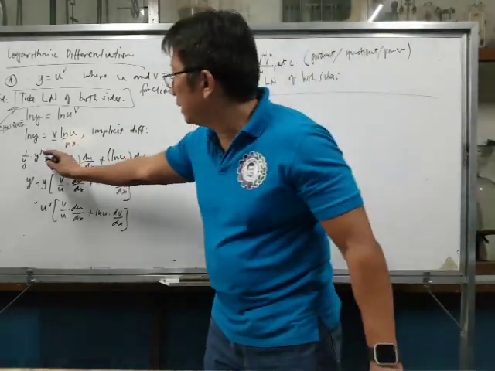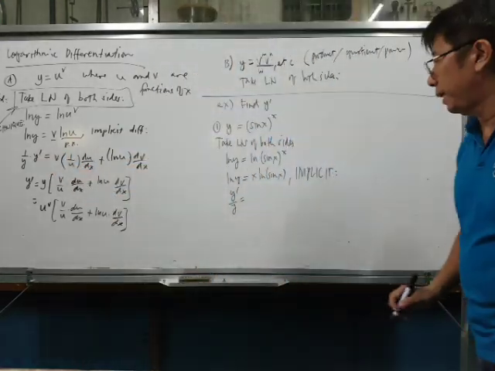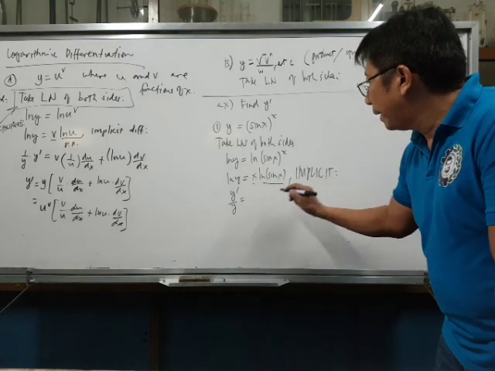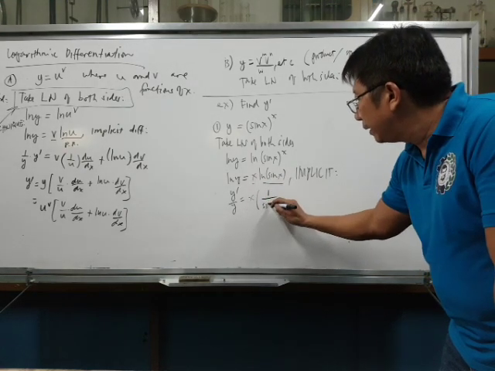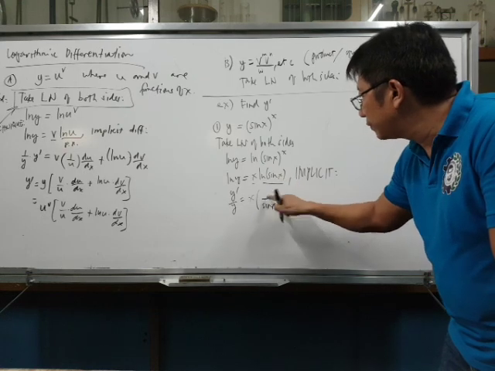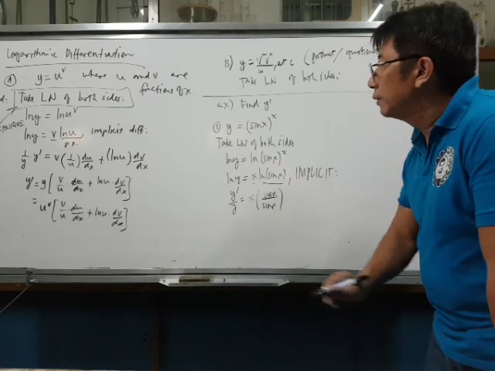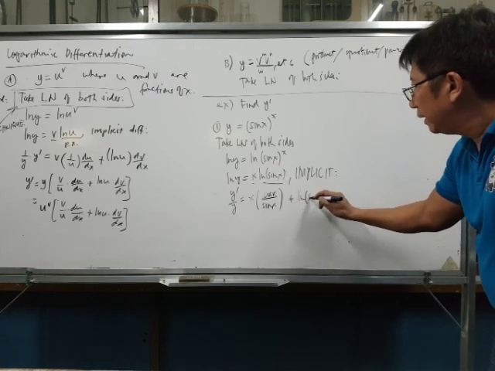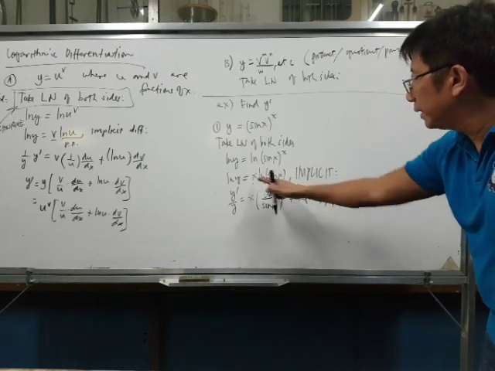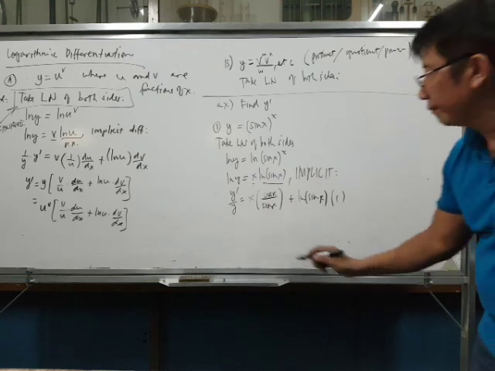So this is the same as 1 over y times y prime equals, by product rule, x times 1 over sine x times the derivative of sine x, which is cosine x. Then plus ln sine x times the derivative of x, which is 1.